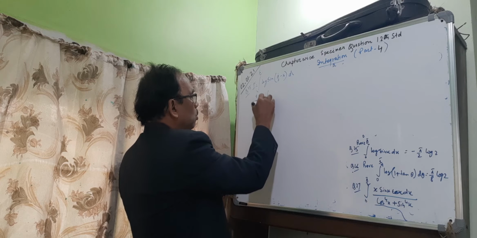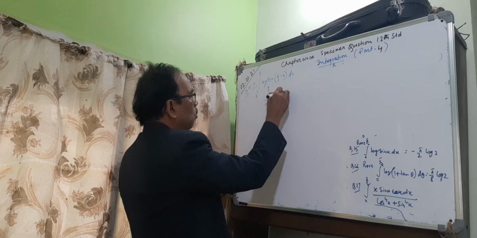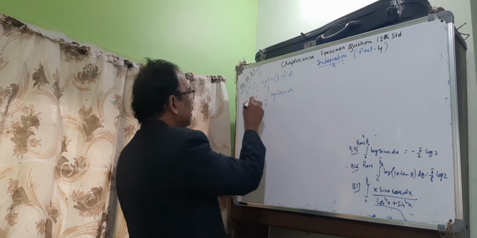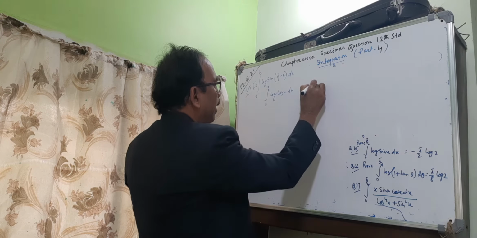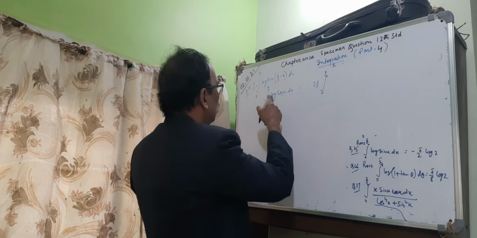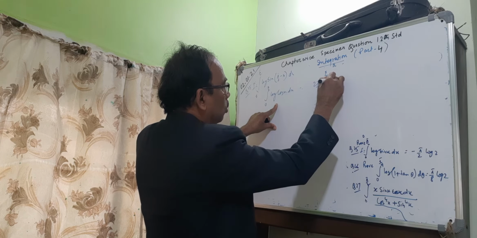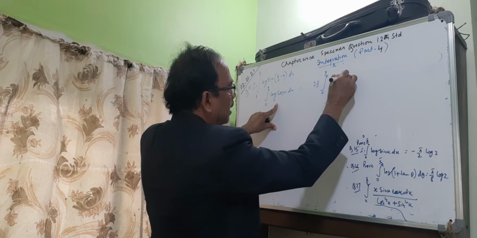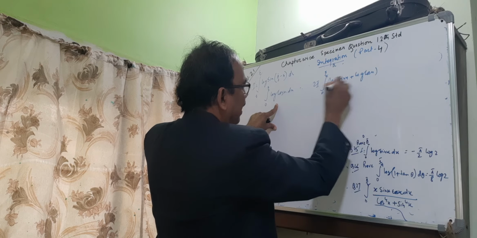That is 0 to pi by 2 log of cos x dx. This is I, and this is I. That is 2I equals 0 to pi by 2 of log cos x plus log sin x dx.